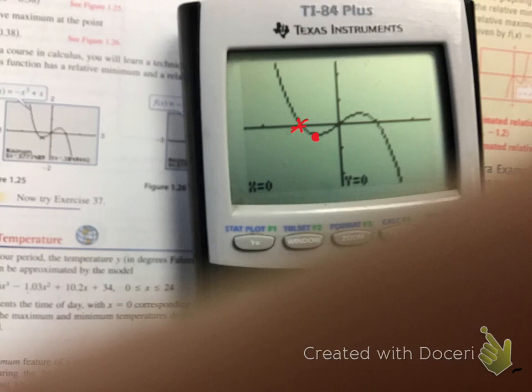And I want you to go over to the right of that minimum point and hit enter. And then the guess, I want you to try to get right on that minimum point. And then for me, it says x is negative point. We're going to round to the nearest hundredths place. I get negative 0.58, and I get y to be negative 0.38.